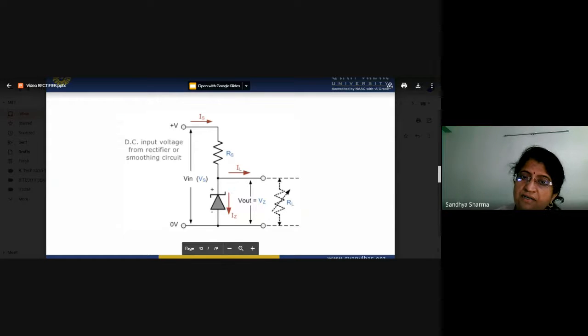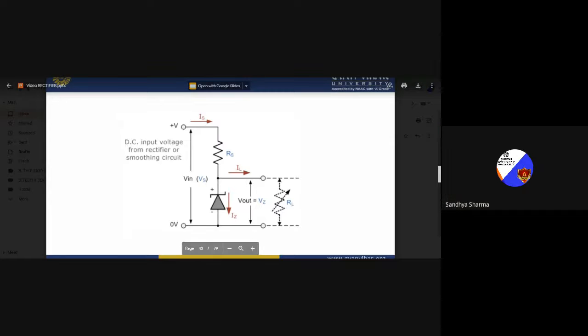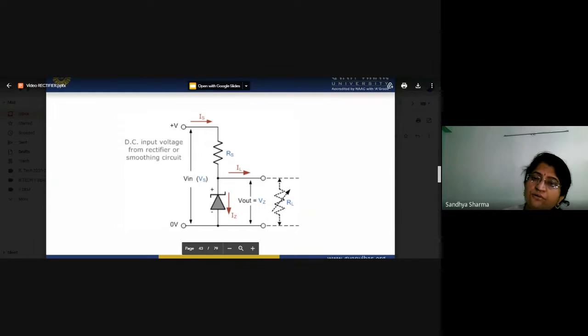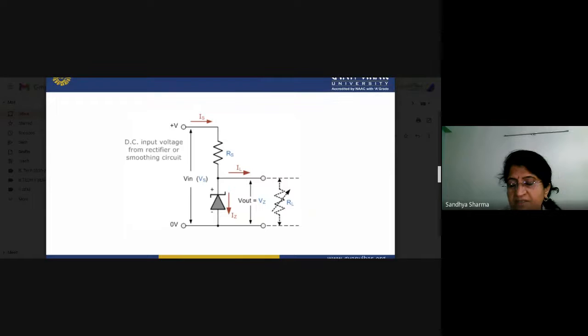Across the Zener diode there is VZ, which is constant, and we can always maintain it constant. Whatever input supply you vary, the current will vary according to the Zener diode, so in this path a constant voltage is always provided. The load resistance RL is connected across the Zener diode, so the voltage across the Zener diode is equal to the output voltage. So this is a particular condition of the Zener diode.